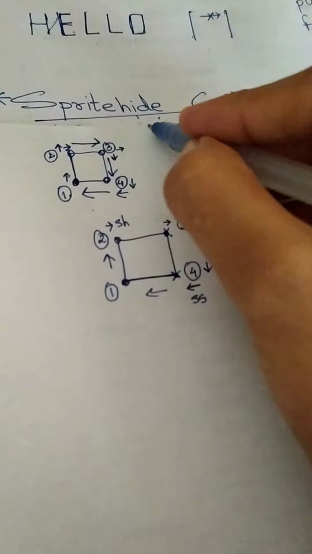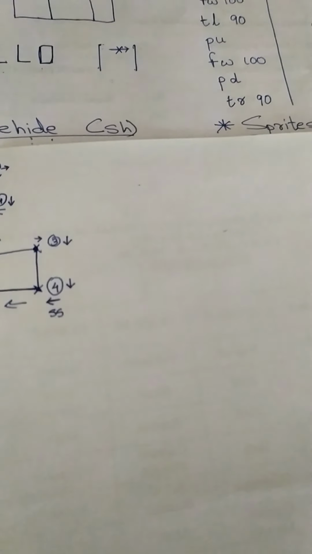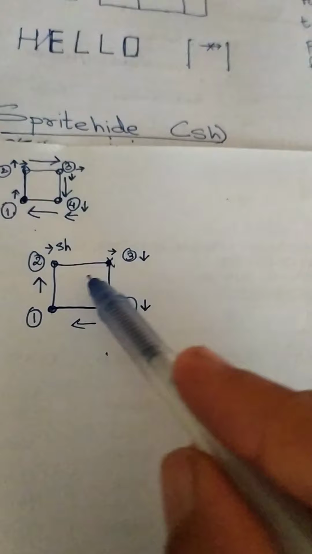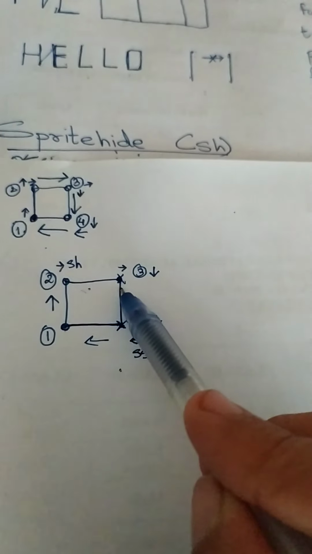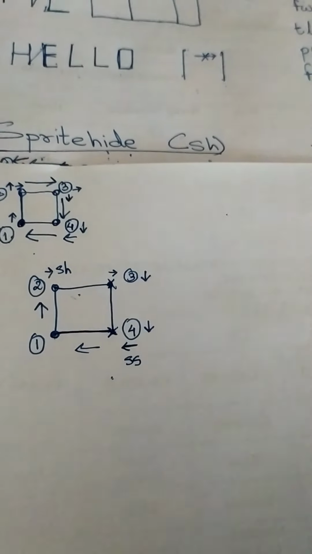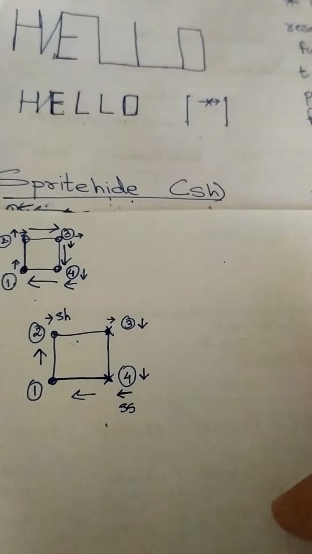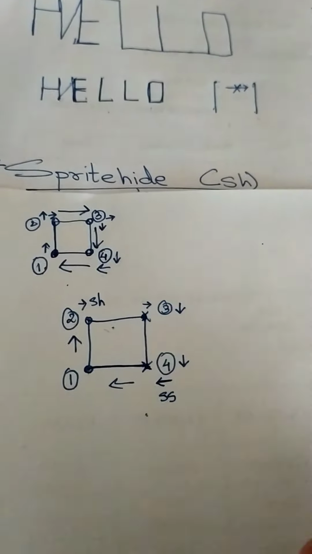Now using these spirit hide and spirit show commands, you can just hide or show the turtle on the screen. But it will do its work, whatever commands we give it, that is move forward, turn right, turn left, move backward, anything. It will do its work, but it won't be visible on the screen.